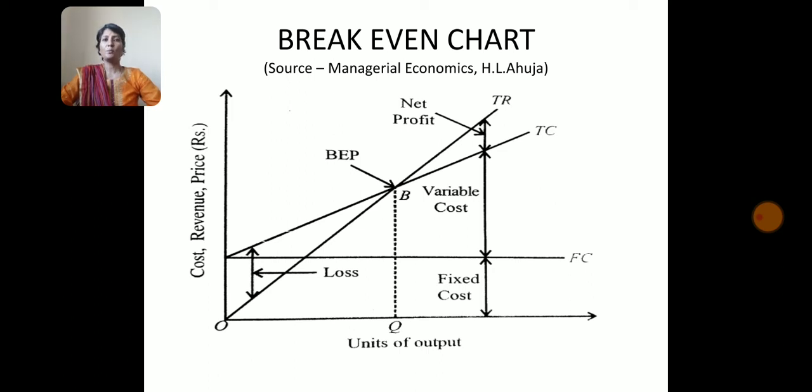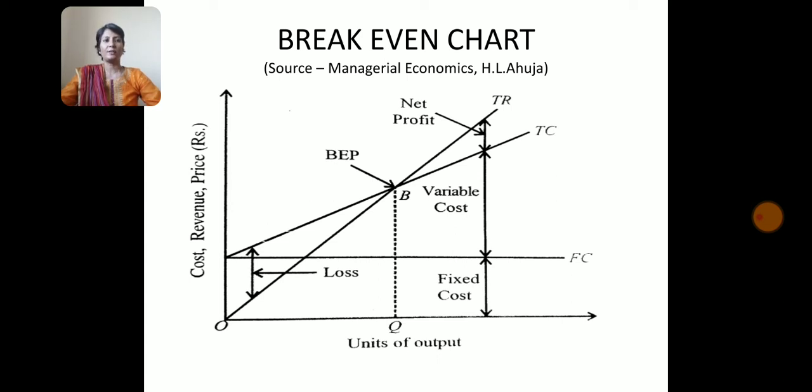The chart plots revenue, fixed cost and variable cost on the vertical axis and volume on the horizontal axis. In this diagram, output is shown on the horizontal axis and cost and revenue on the vertical axis.